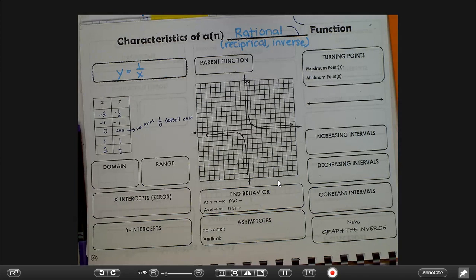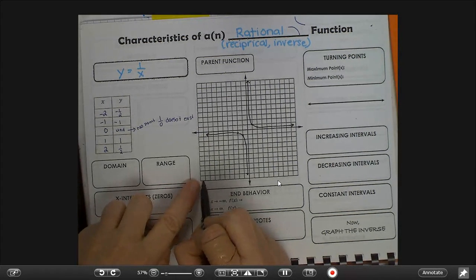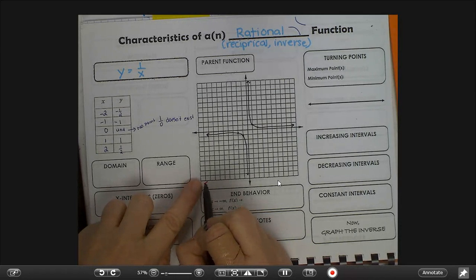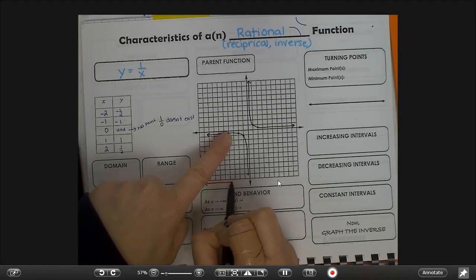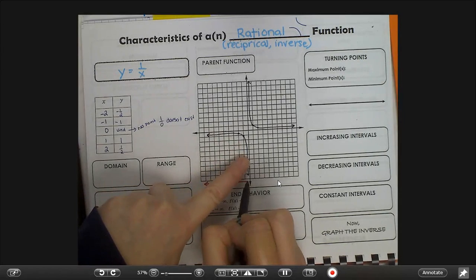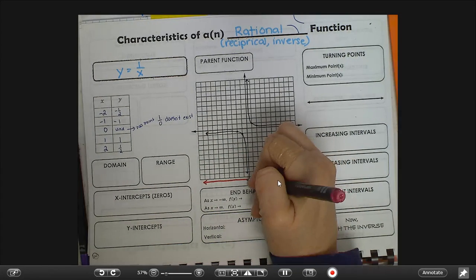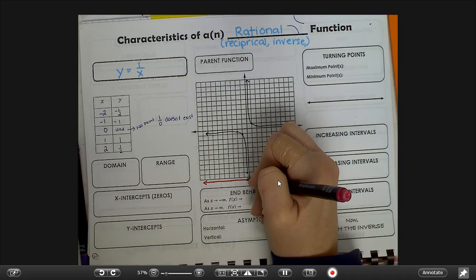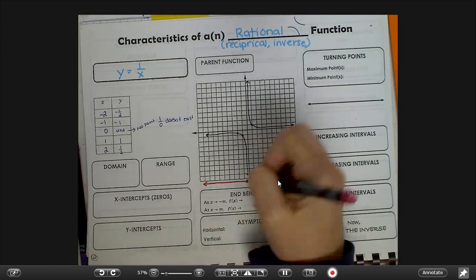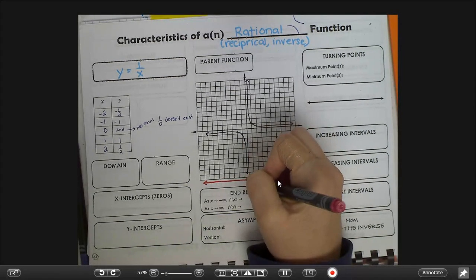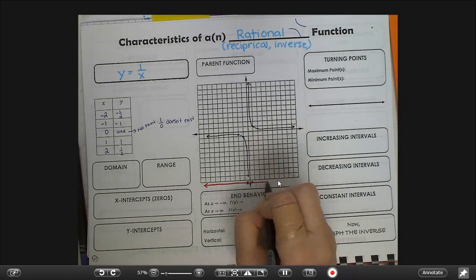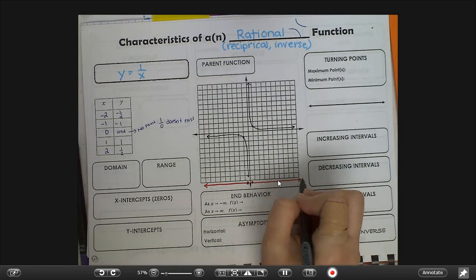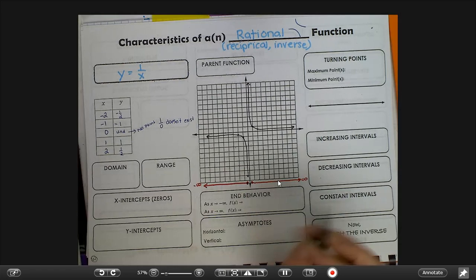What's the domain? Well, coming from the left, we see it starting here, and we keep seeing it until right here. And this is getting closer and closer to the axis, but it's not actually going to hit it. Then it picks back up right on the other side, and it keeps going forever. So this is infinity and -infinity.